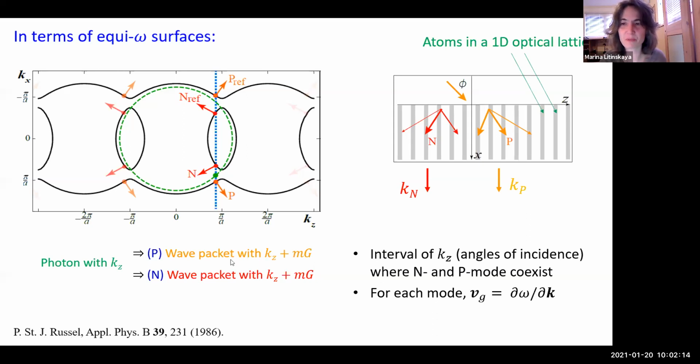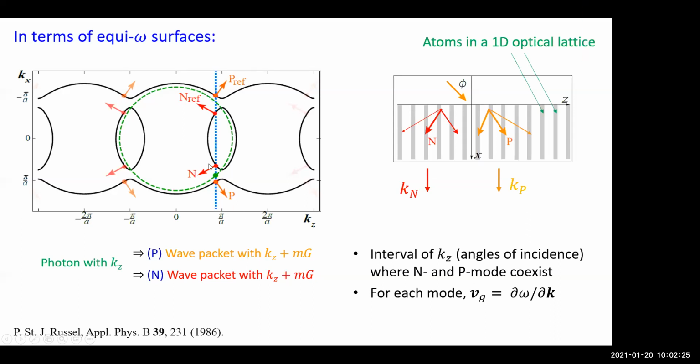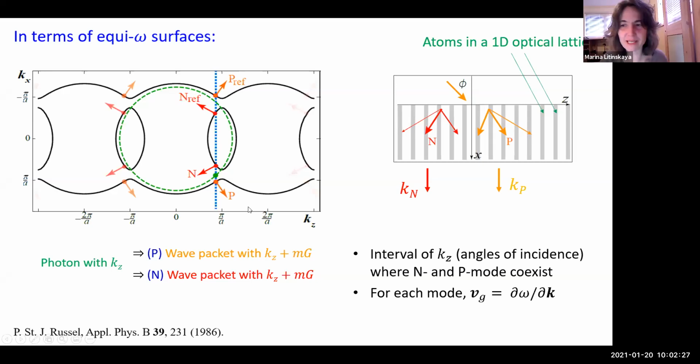This picture comes from that paper, and already on this picture you can see that at certain angles, if your photon comes with a wave vector from this region, it can excite a mode pointing here and a mode pointing here, then your external photon will excite a negatively refracting wave vector. We based our work on this, but in a solid state, you cannot eliminate the positively refracting mode. You don't have absorption.